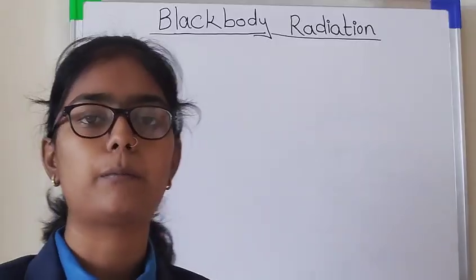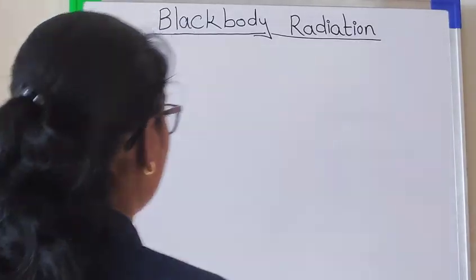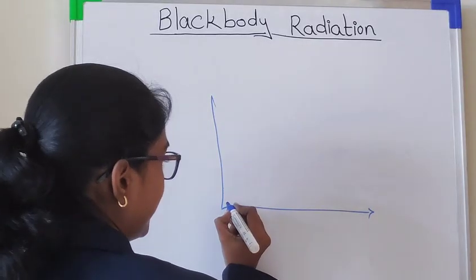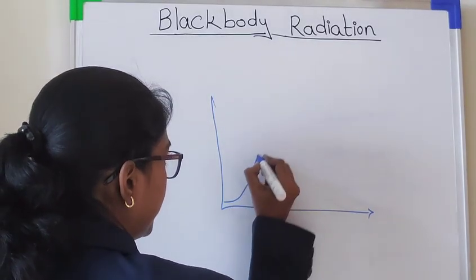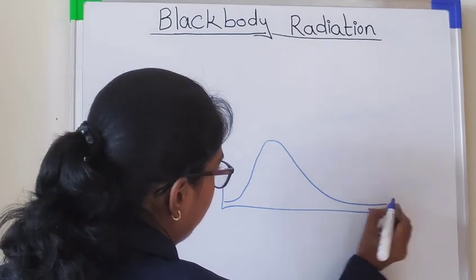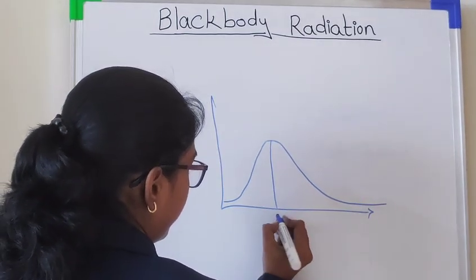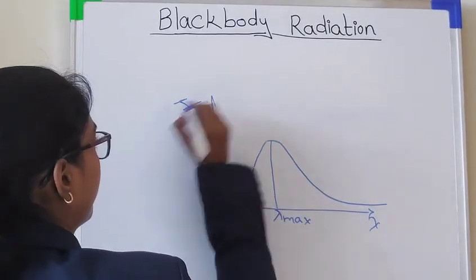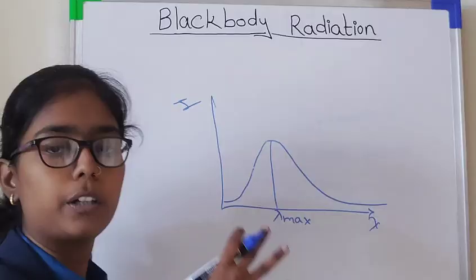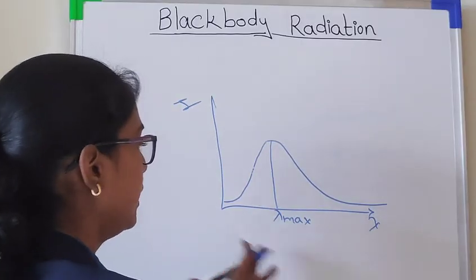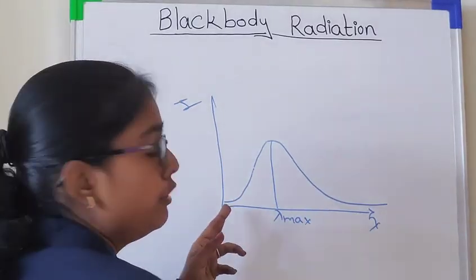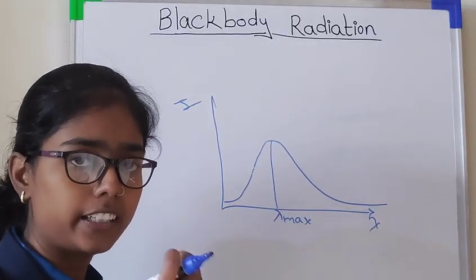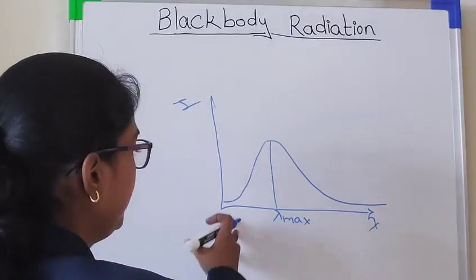Similarly, if we heat the black body, the same graph is observed: when the wavelength is less, the intensity is low. At a particular instant, the wavelength is maximum. This will be lambda max. This is the experimental graph. We performed the experiment and saw that for small lambda, the intensity is low.